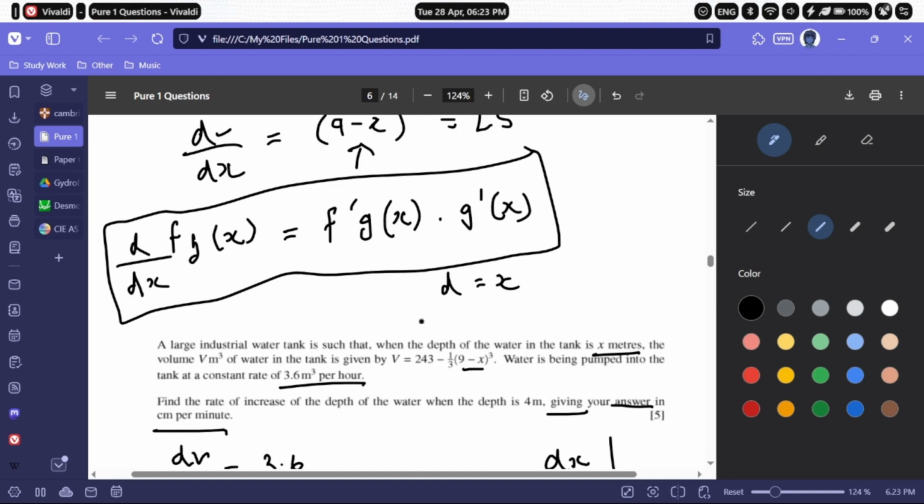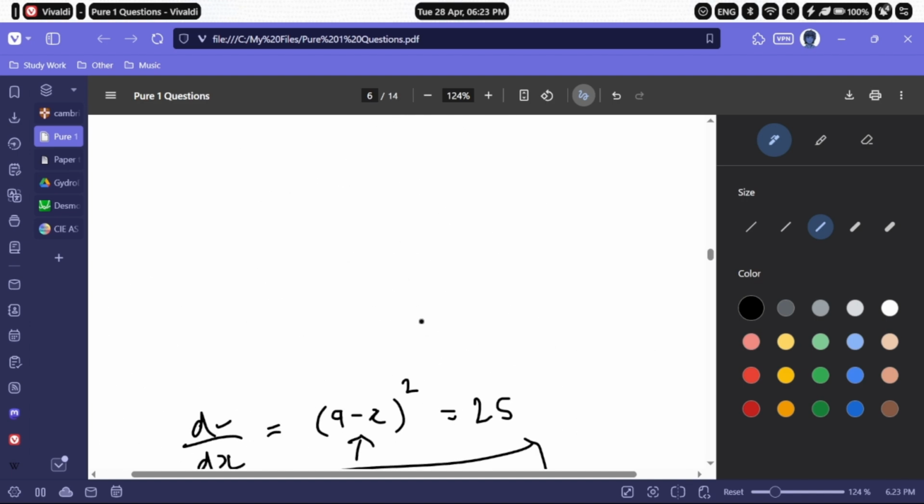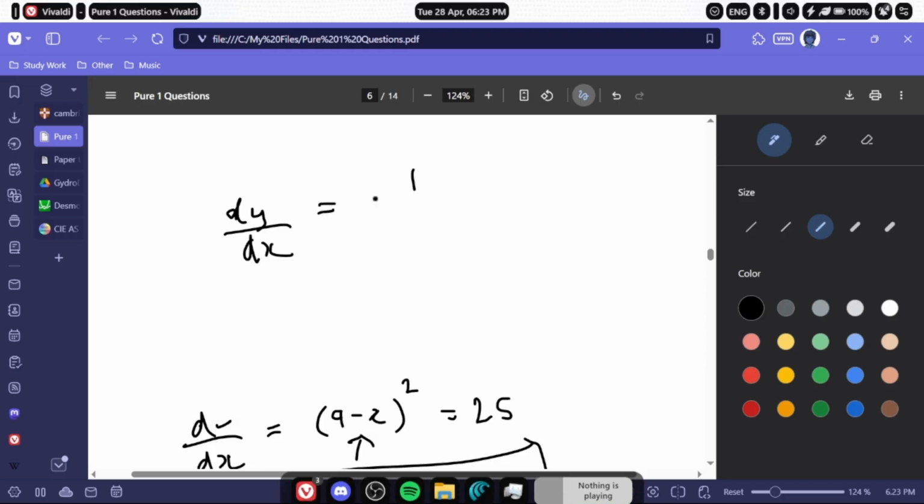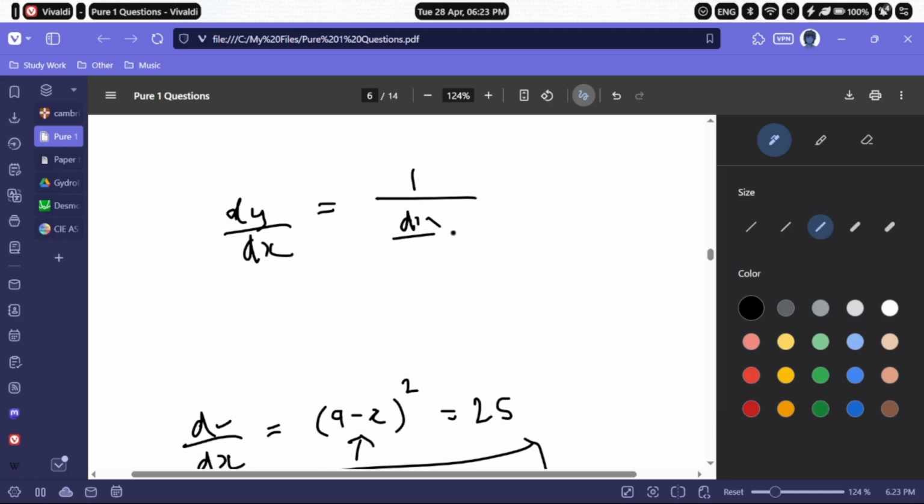Why are you taking the negative reciprocal for this? If you have some rate like dy by dx, that would be the same as 1 over dx by dy. You don't take the negative reciprocal.